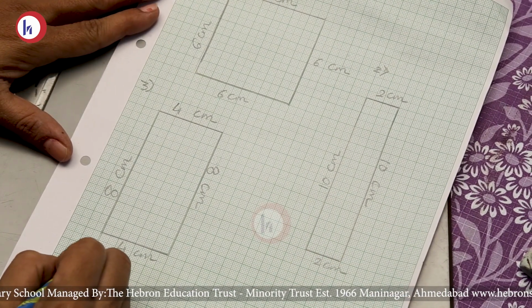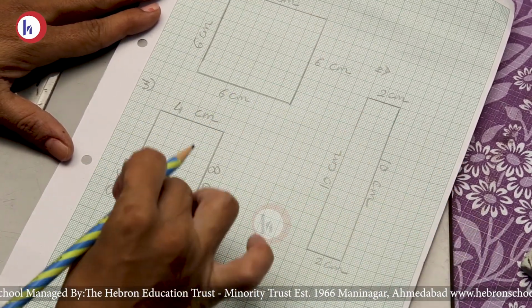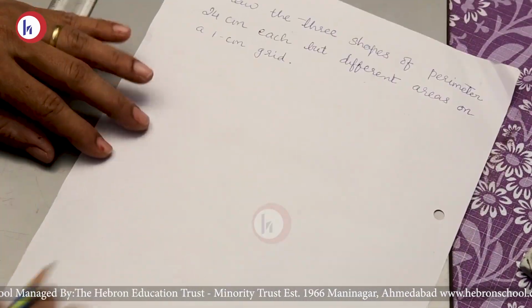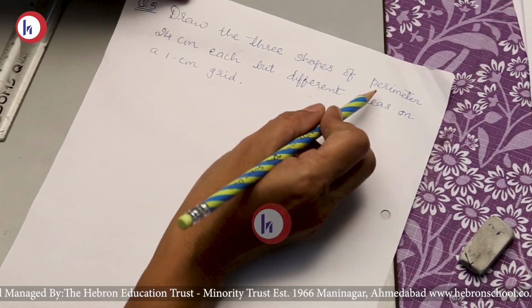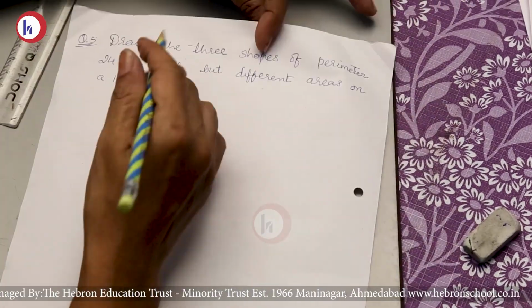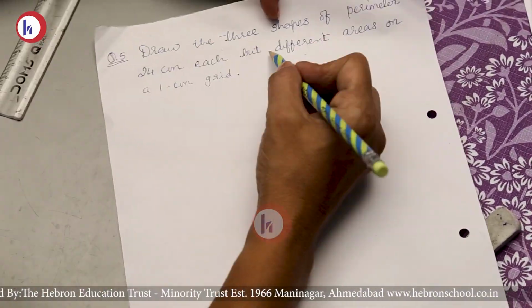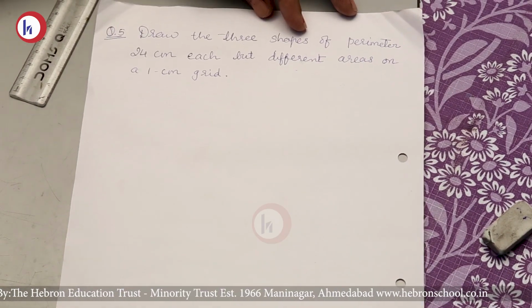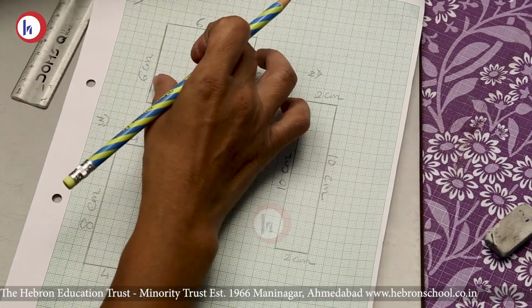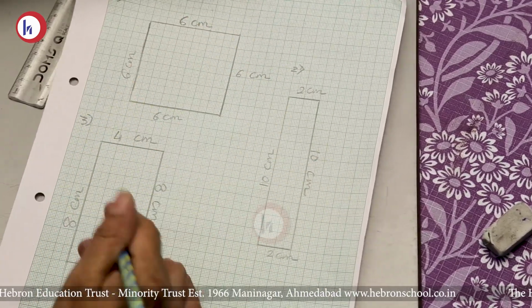Here is also 24 centimeter. But the area is different in all these three figures. The question is written, draw the three shapes of perimeter. We draw three shapes of the perimeter each, that means 24 centimeter, but different areas on a 1 centimeter grid, because see, here the area is different in all these three figures.